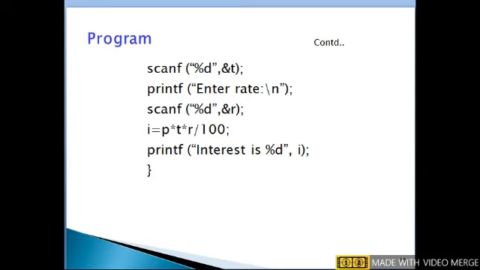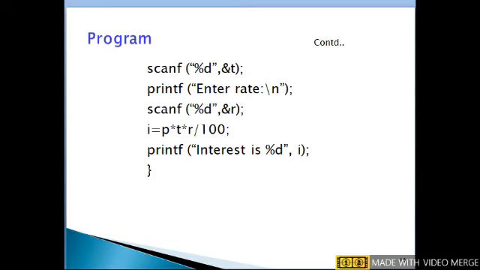After reading all three values, the next instruction is I is equal to P T R by 100. It substitutes all the values, principal, time, and rate of interest, and evaluates that expression. After evaluating, the value is stored in the I variable because the assignment operator is there.